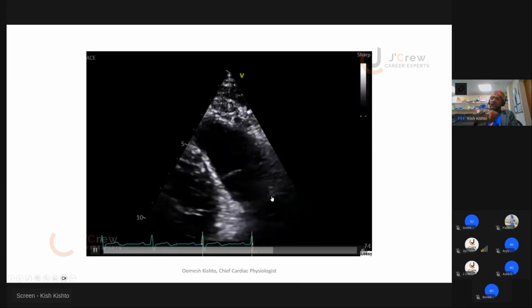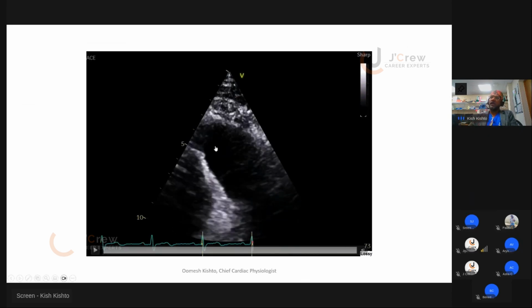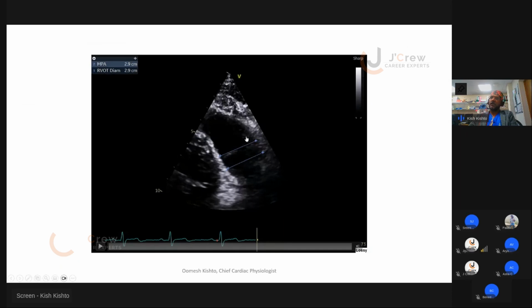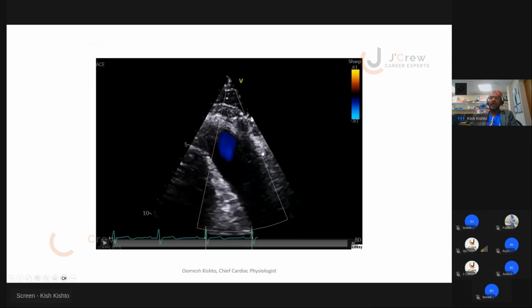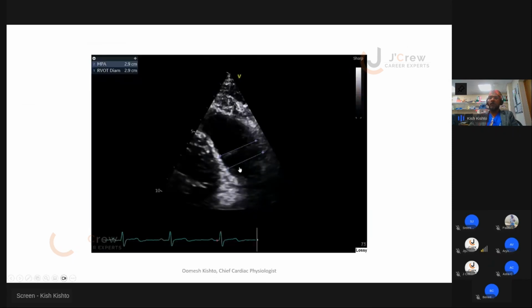Then we tilt down, look at the pulmonary artery, and so you get your RVOT diameter, then MPA diameter. So you just measure them. Again, these measurements are part of the minimum data set. I won't routinely measure them, but for your BSc logbook video case, you have to do that, okay?